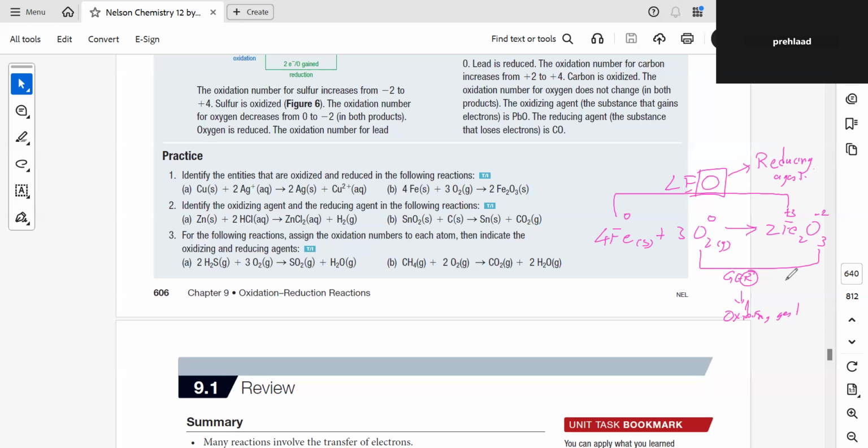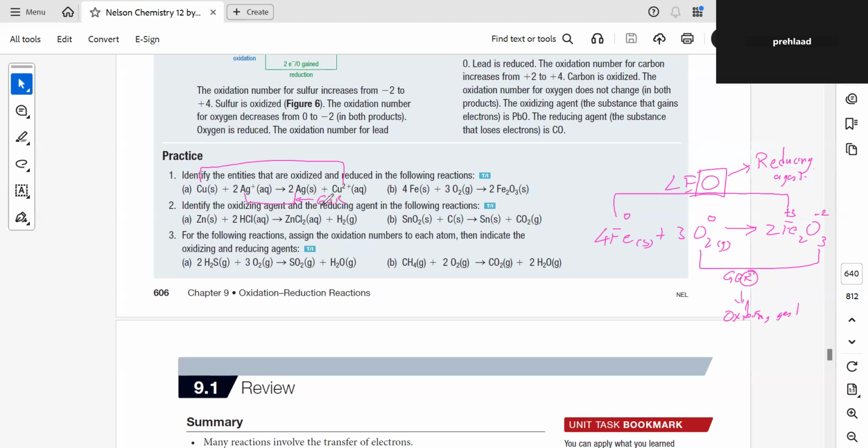I'm not asking you about the charges. I'm asking oxidation and reduction. Can you notice the change in the oxidation numbers? Yes. Silver is experiencing reduction, and silver is the oxidizing agent.